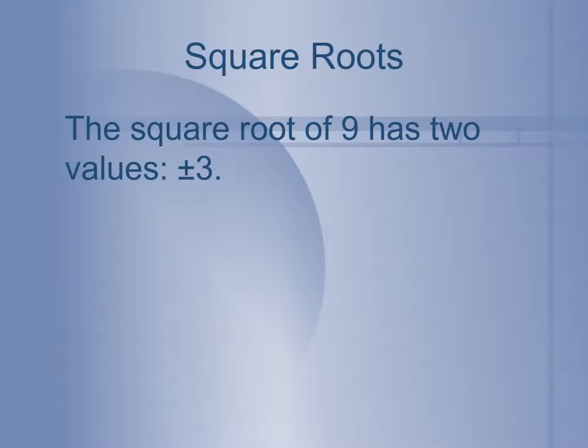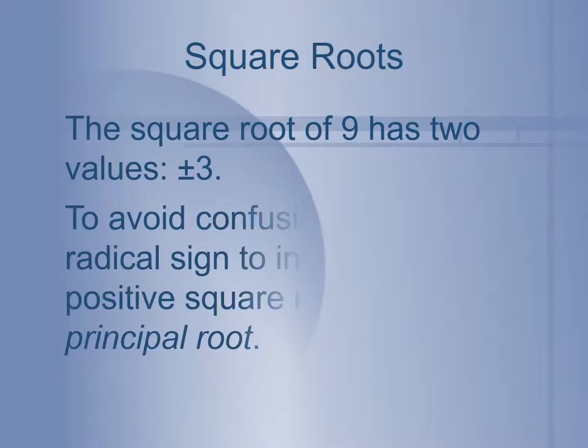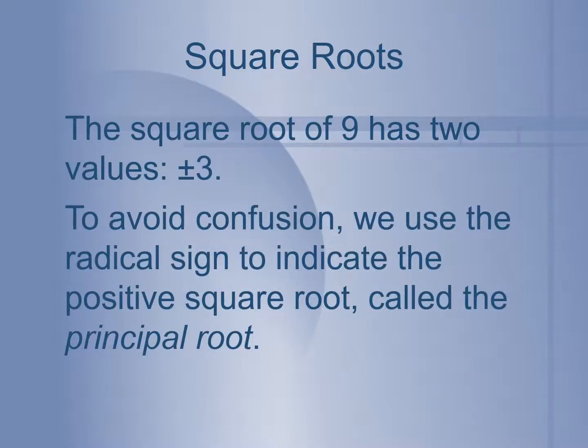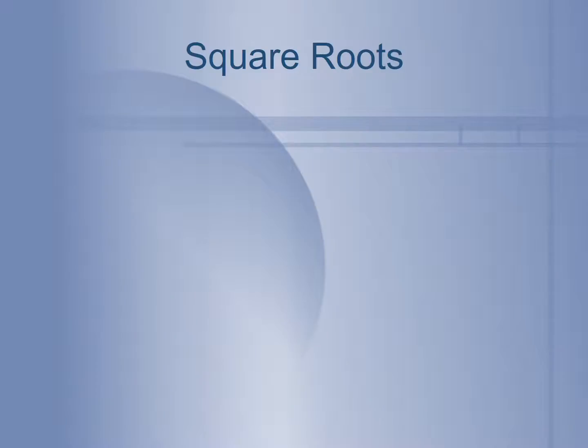So the square root of 9 has 2 values. Either positive 3 or negative 3, because positive 3 squared is 9 and negative 3 squared is also 9. But to avoid any confusion, we usually just use the radical sign to indicate the positive square root, and we call that the principal root. So the principal root is going to be the positive root.